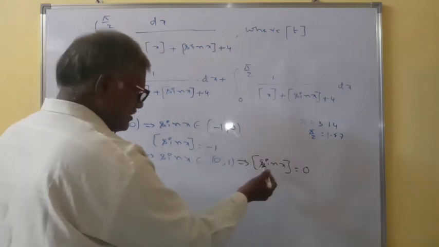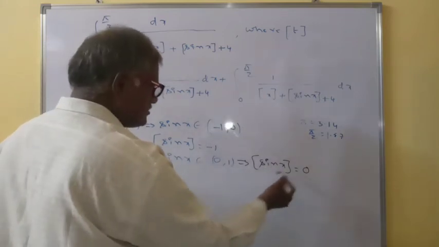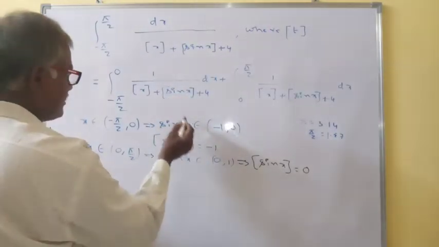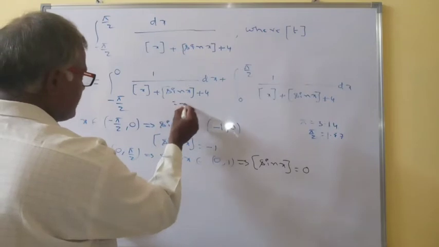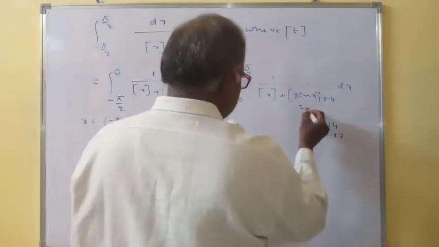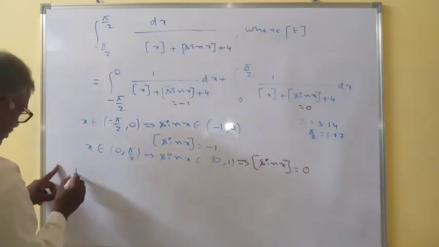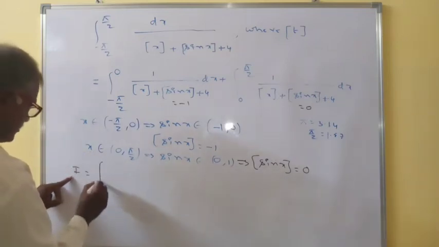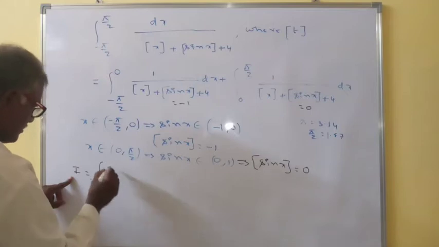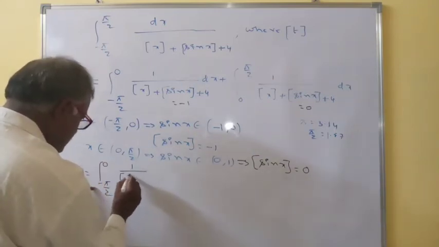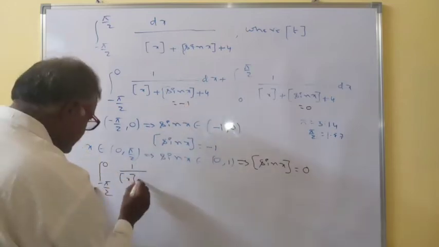And in the other interval, the value of [sin x] is equal to 0. So if you substitute this, in this interval it is minus 1, and in this interval it is nothing but 0. So finally here I is equal to the integral from minus pi by 2 to 0 of 1 by [x] minus 1 plus 4, which gives us 3.